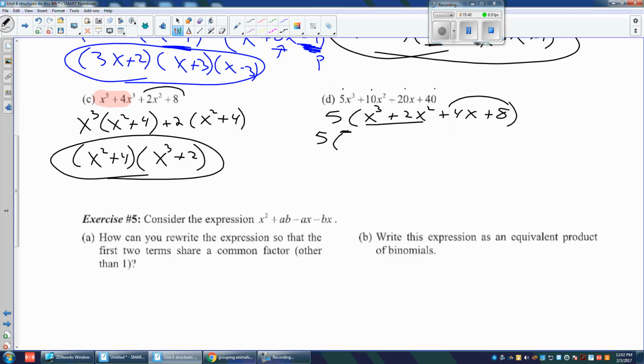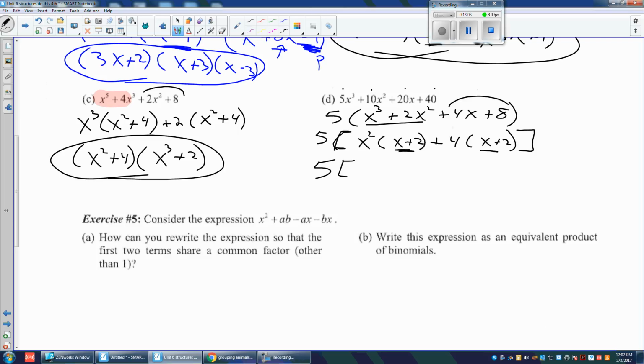So why don't I go ahead and I'm going to change these to brackets, and I'm going to factor out an x squared, and I'm left with an x plus 2 because that's the greatest common factor that I pulled out, and then plus factor out a 4, and I'm left with an x plus 2. The 5 comes along for the fun of it.